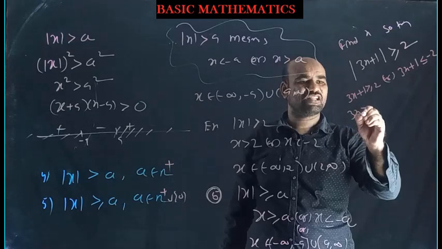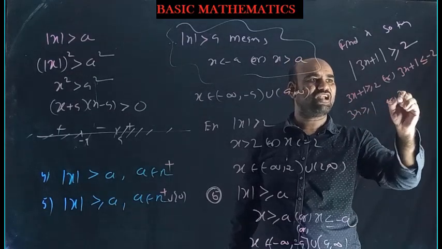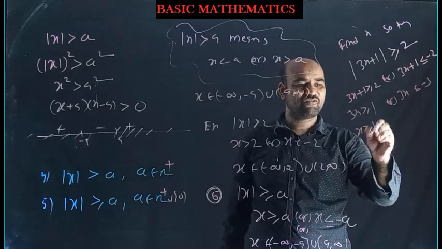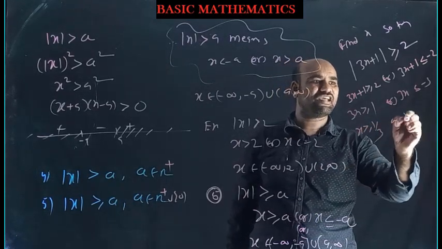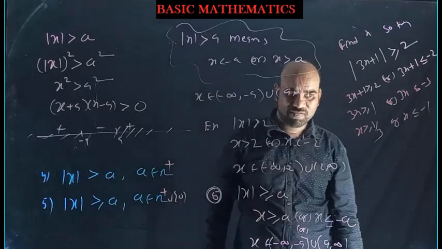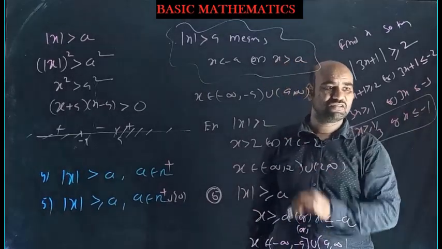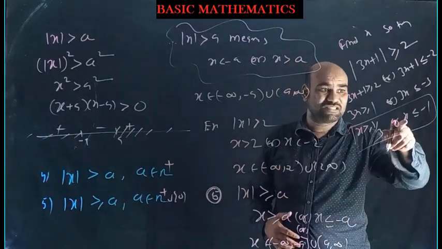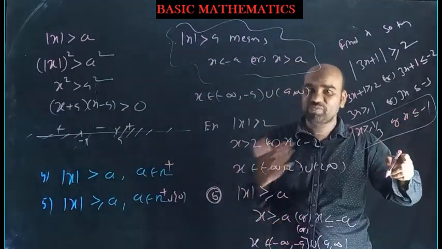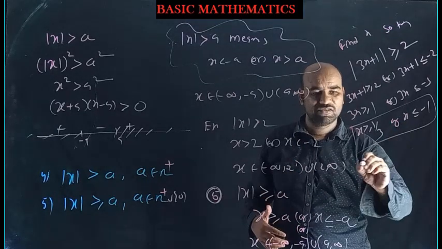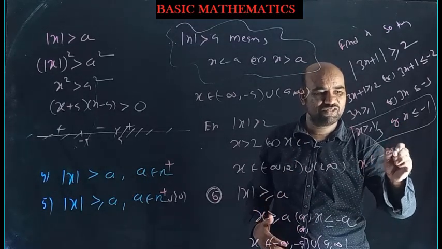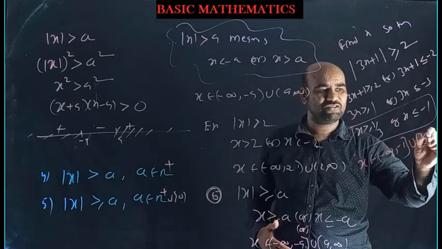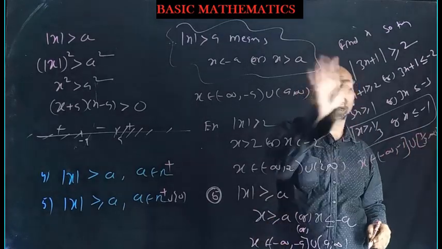So 3x greater than or equal to 1 or 3x lesser than or equal to minus 3. x greater than or equal to 1 by 3 or x lesser than or equal to minus 1. This is the solution, or sometimes you want to write the solution in set form. Lesser than or equal to minus 1 means minus infinity to minus 1 included. So x belongs to minus infinity to minus 1 closed union closed 1 by 3 to infinity. This is the answer for this problem.